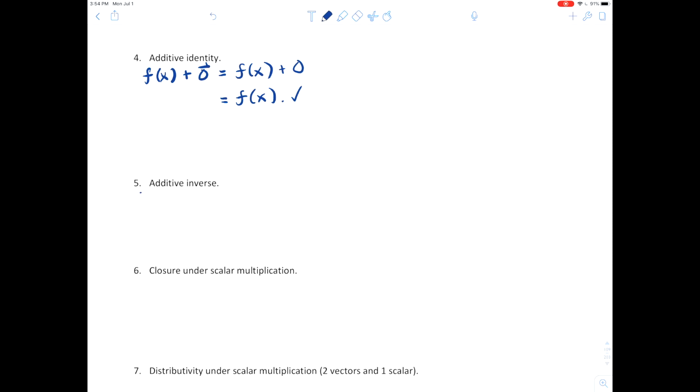All right, well, if we have our f plus negative f at x, that's going to equal f at x plus negative f at x. Cool so far? Which is 0, but isn't that the 0 vector for the set? So we're good.